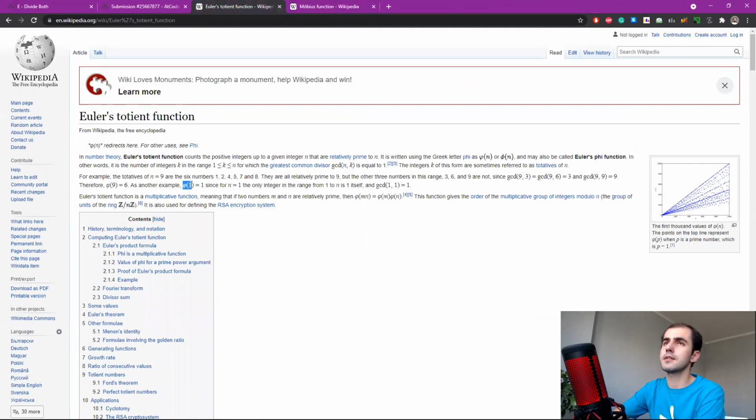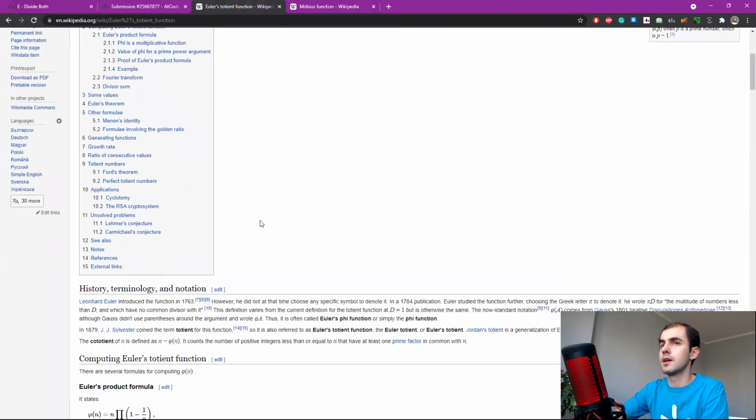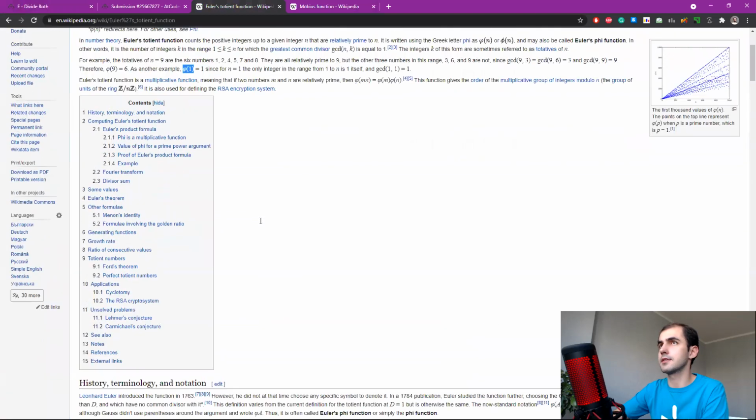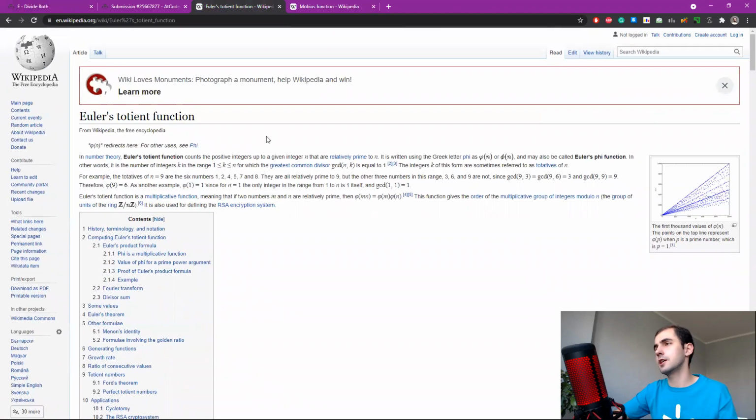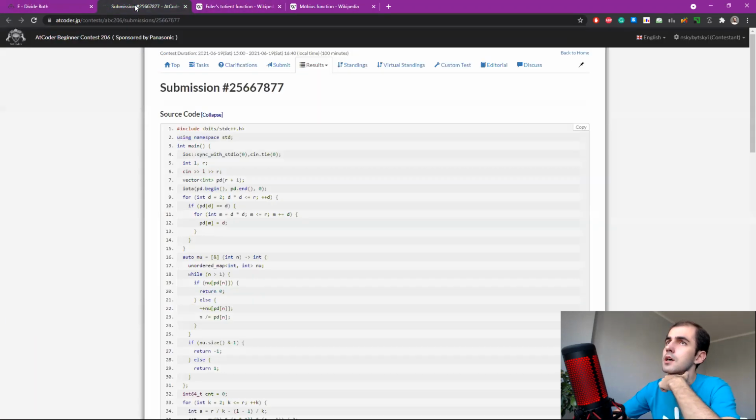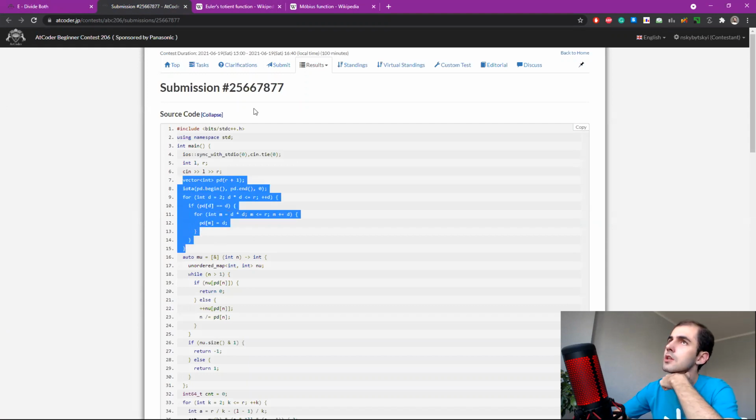So this thing counts how many numbers are coprime to some value. To compute the totient function quickly, you would need to factor numbers. So that's why we have some sort of a sieve in our implementation.